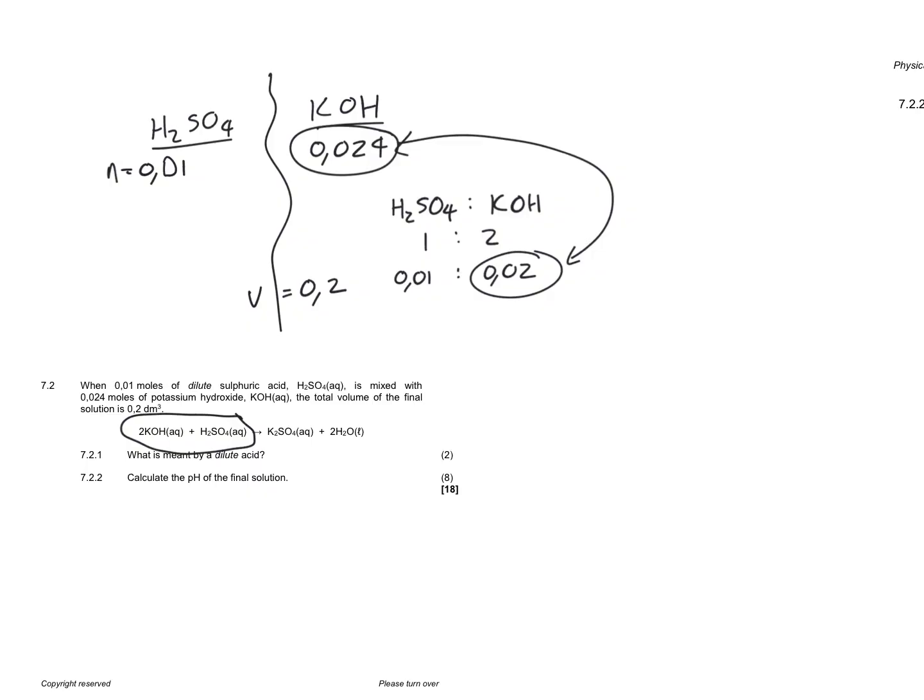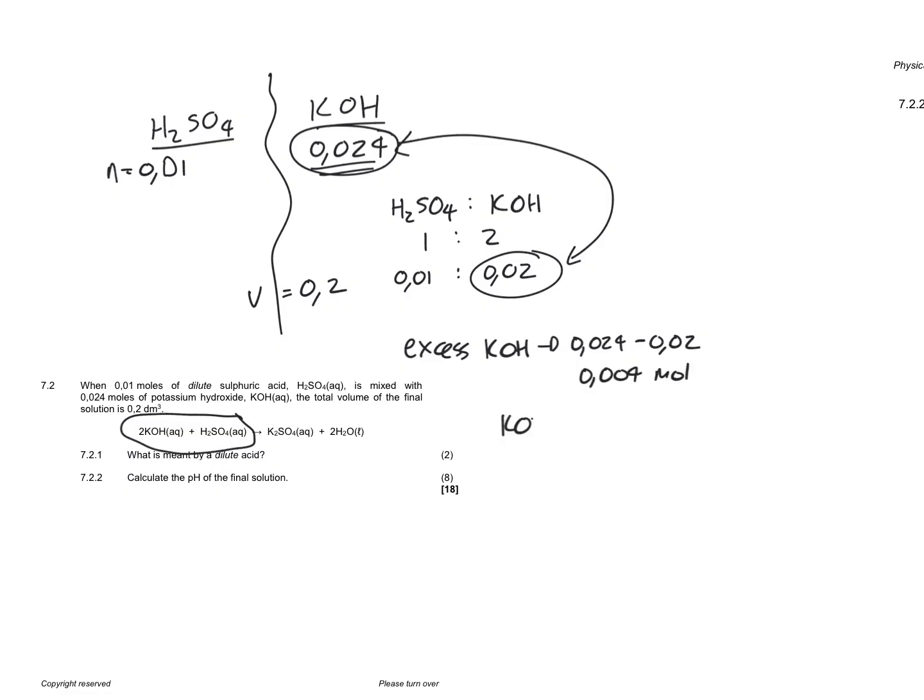I need 0.02 and I have 0.024, which means that the leftover, the excess, that's not how you spell excess, whoopsie, the excess is KOH, and that is equal to 0.024 minus 0.02. So that is 0.004 moles.